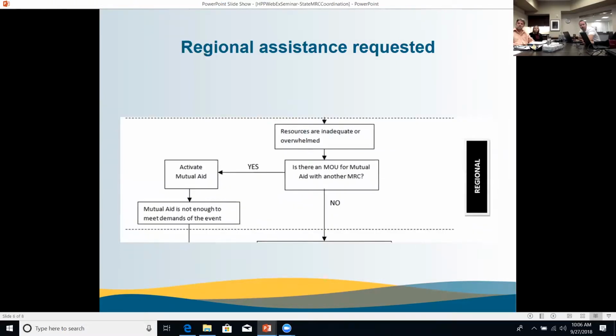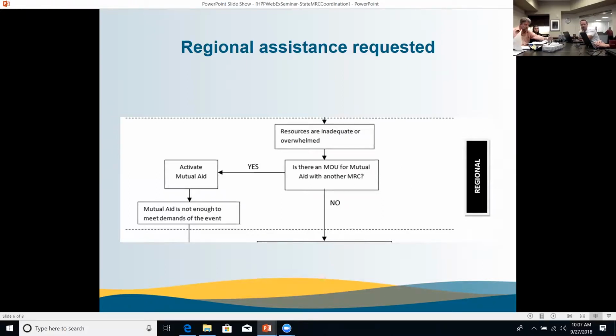If those resources aren't adequate, they move to the next phase, which is regional assistance. Ideally, there are MOUs in place to assist across regions. And so in Nebraska, we have Medical Reserve Corps regions that correspond with the Healthcare Coalition regions.